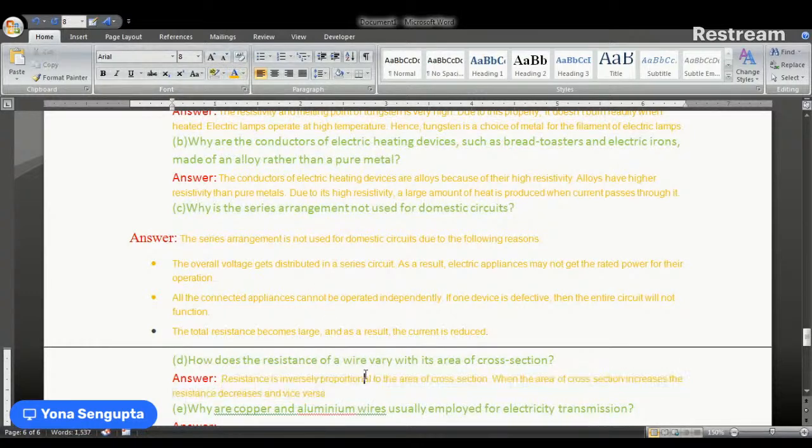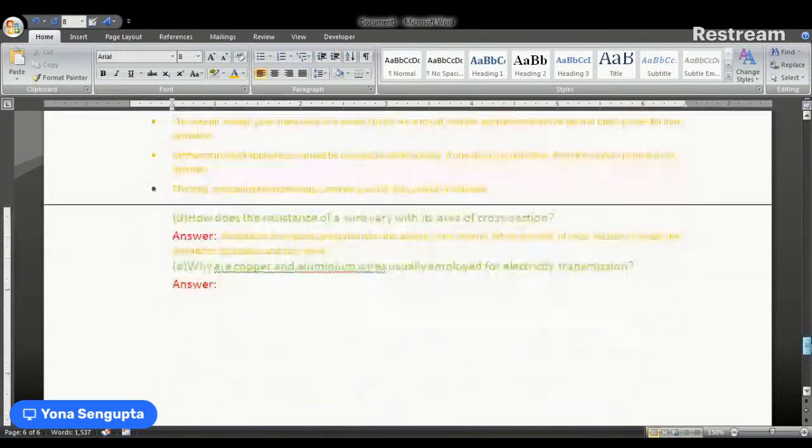Next, we'll move on to number E. Why are copper and aluminum wires usually employed for electricity transmission? First, copper and aluminum are good conductors of electricity and have a low resistivity, because of which they are usually employed for electricity transmission.